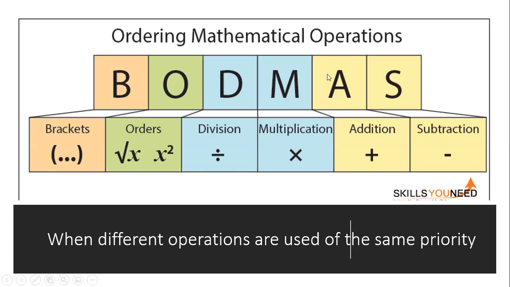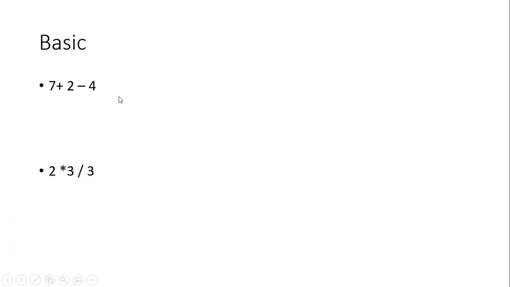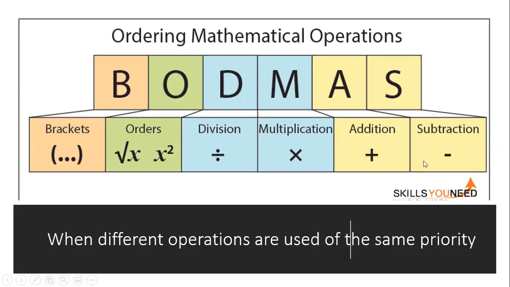So when we have simpler questions like 7 plus 2 minus 4, because addition and subtraction are both of the same priority, it does not really matter which one goes first. That's the whole point. These are of the same priority.